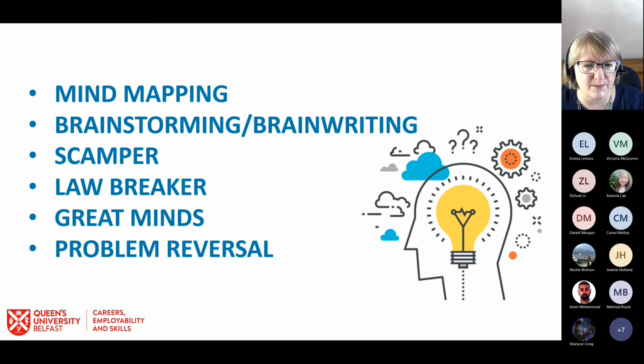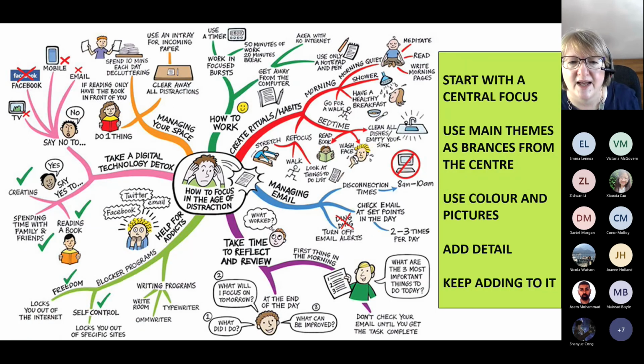I'm going to start with the mind mapping one. You'll all have heard of that one. And mind mapping, a lot of people would use it maybe just as study notes and things like that, as opposed to necessarily generating ideas from it. So you start with a central focus, whatever your theme is going to be.